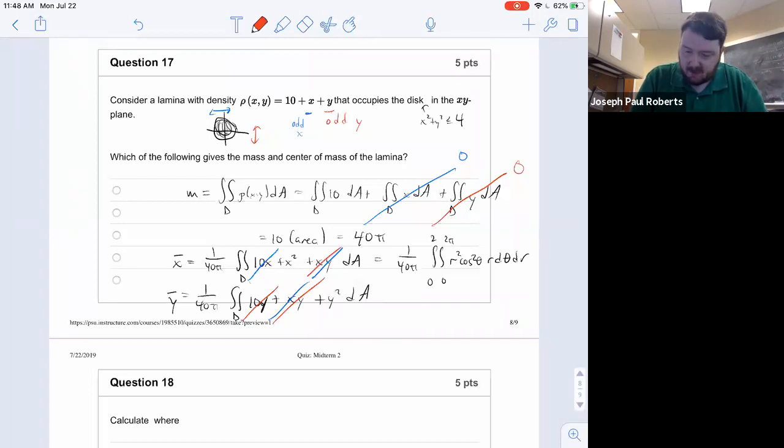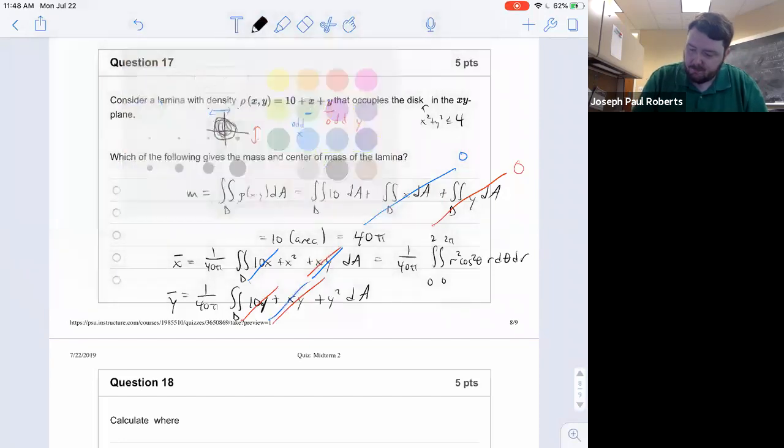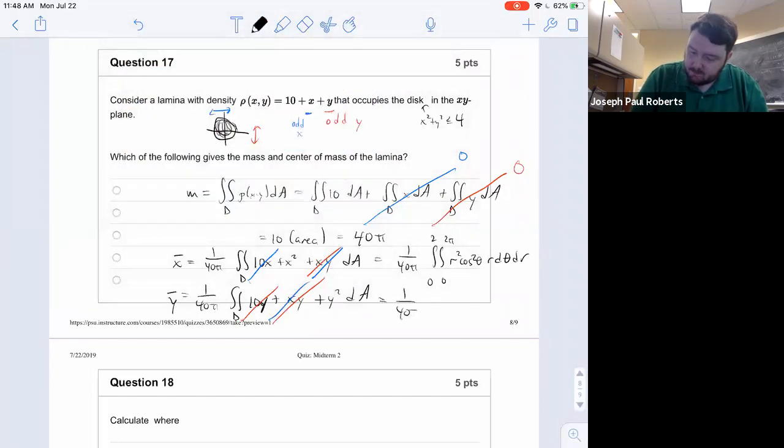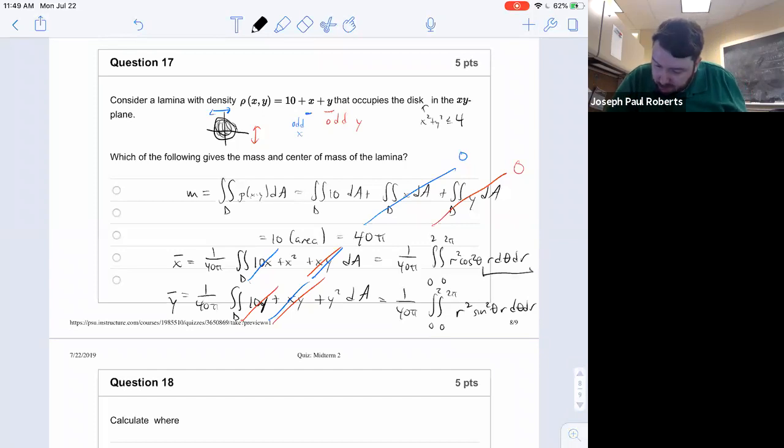And so anyway, you end up getting, it ends up being equal, but it's going to be r squared sine squared theta r d theta dr. So don't forget those. I think only two of them had the correct mass, and then the wrong choices forgot these 1 over 40 pi's. So don't forget that.